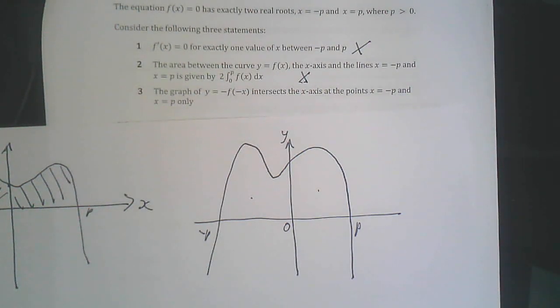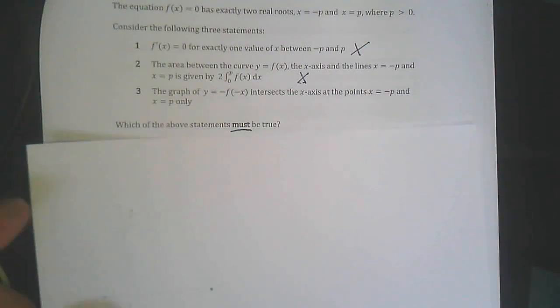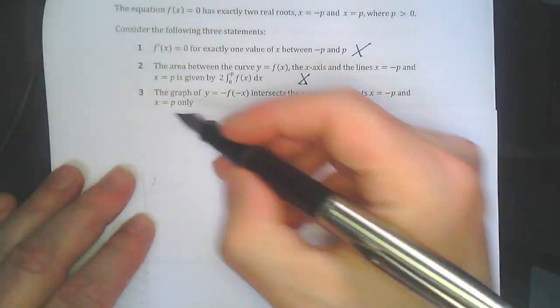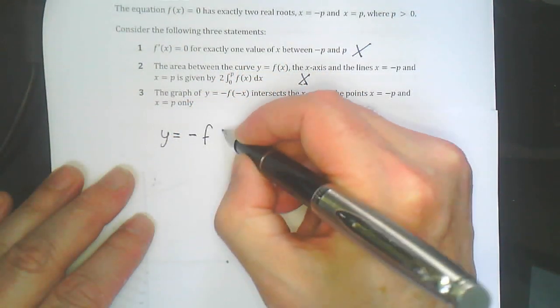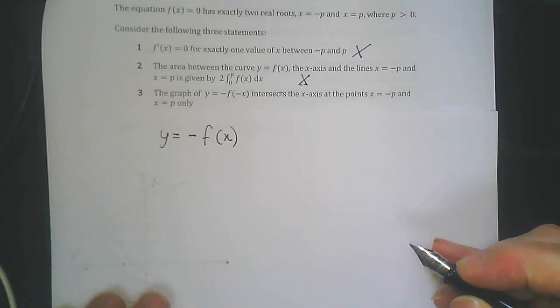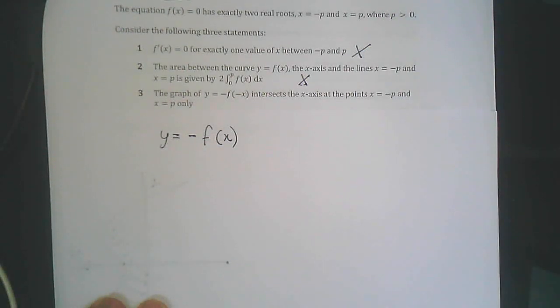So what have we got here then? Well, if we break it up into parts, initially, if we look at y equals f of minus x, that is a reflection in the y-axis.